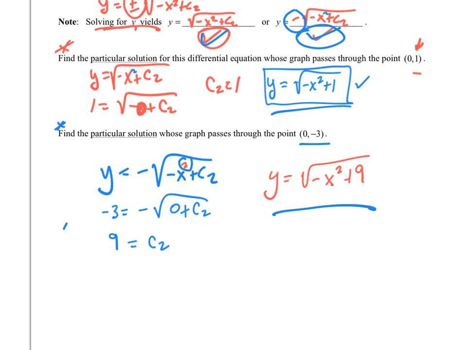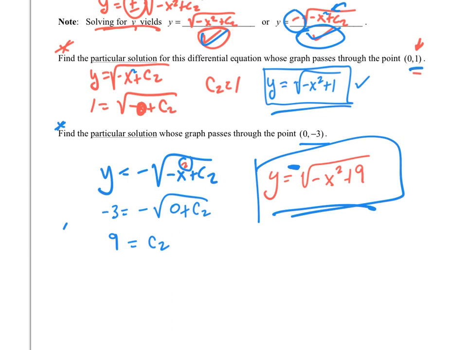I lost a lot of these negatives and squareds, so make sure you put those back in if you missed those before. It should be negative x squared under the square root symbol. I missed that in a few places. Make sure you get that in. And here, I need to yield the negative 3, so I need the negative there. That was the whole point of that problem.